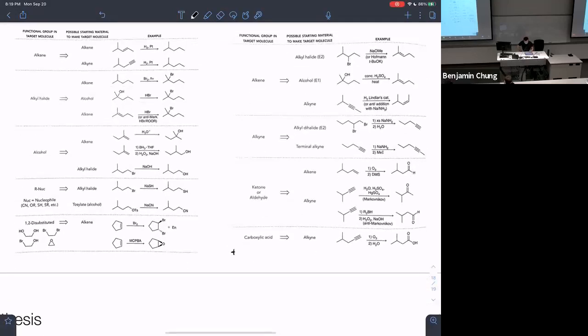Additionally, we also have learned oxidation of alcohols up to carboxylic acid, and then reduction down to alcohol. And we also learned interconversion of carboxylic acids.